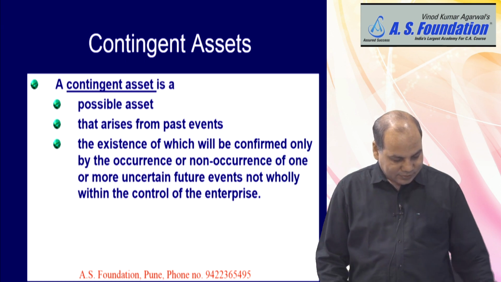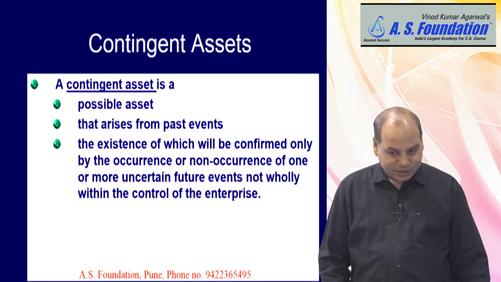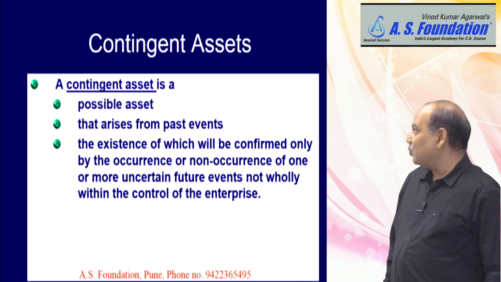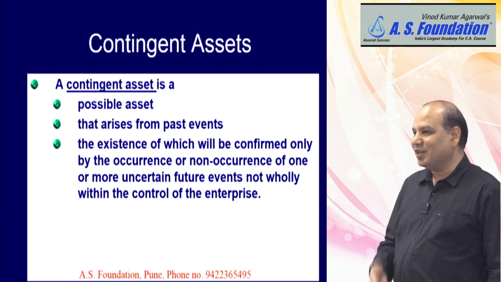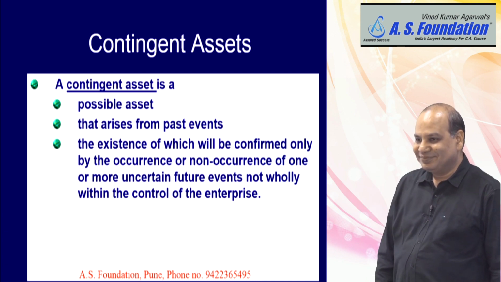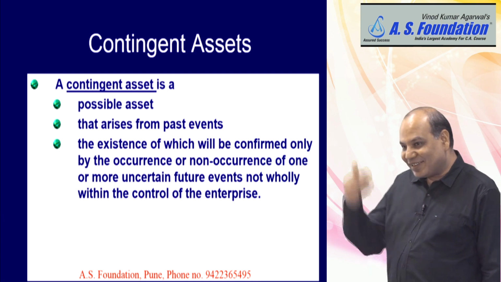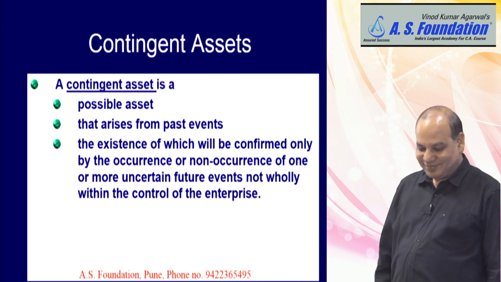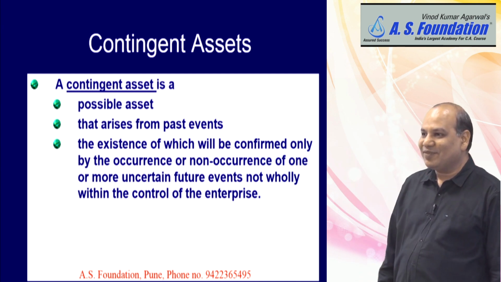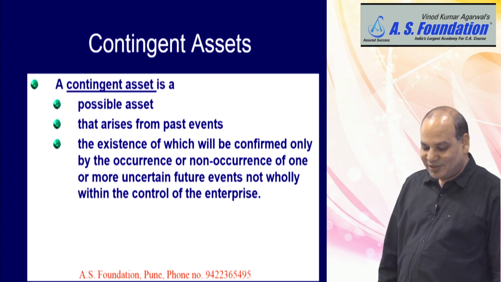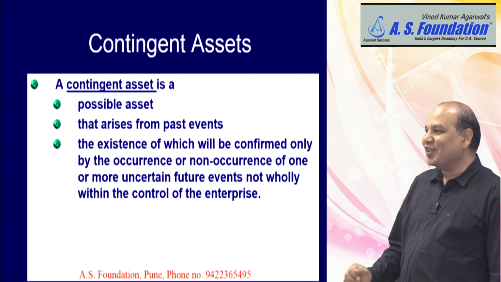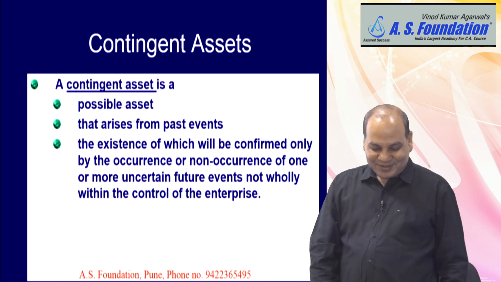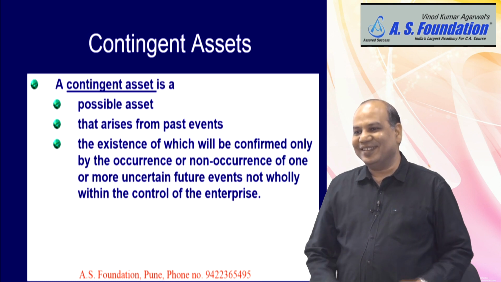Now what is CA? CA, contingent asset, para 21. What is a CA? A possible asset. CA is a possible asset that arises from past event, and the existence of which will be confirmed only by the occurrence or non-occurrence of one or more uncertain future events not wholly within the control of the enterprise.